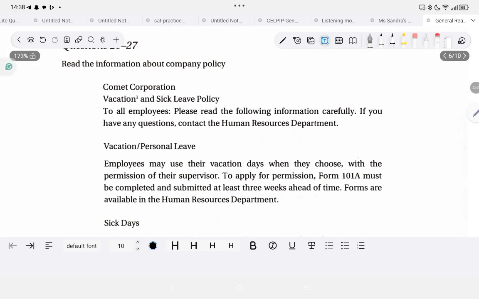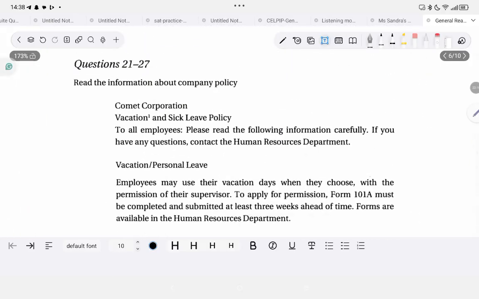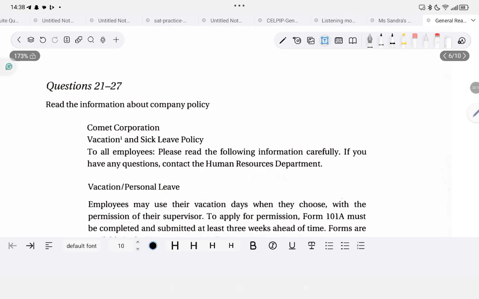And the next we have is some short text. We have Comet Corporation, vacation and sick leave policy. To all employees, please read the following information carefully.